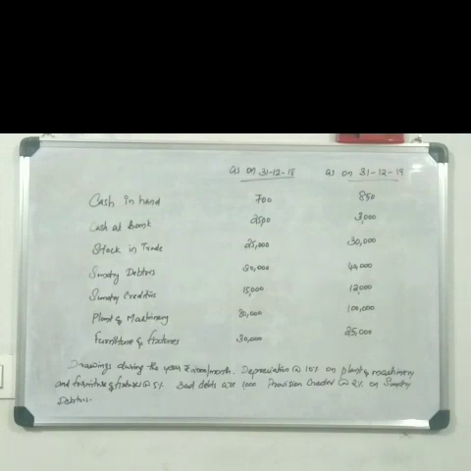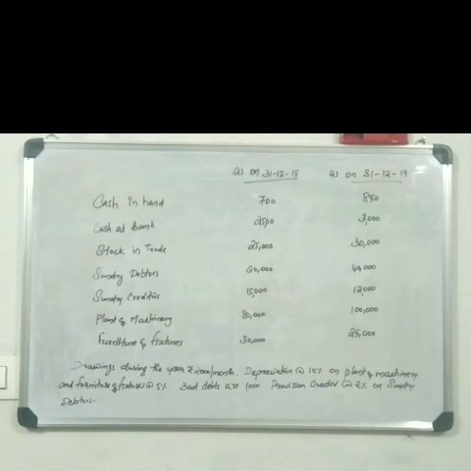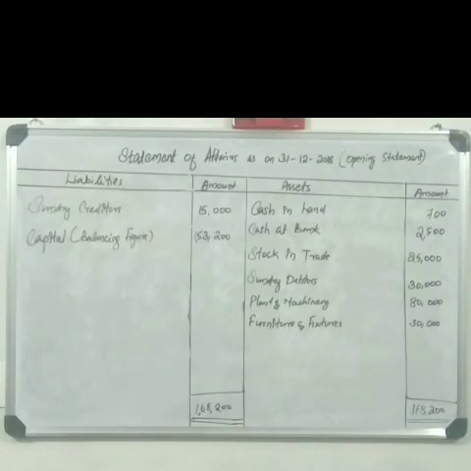Right? So we have to prepare the final statement of affairs. For that, we prepare the opening statement to ascertain the opening capital, closing statement to ascertain the closing capital, and statement of profit or loss to ascertain the net profit or net loss, right?